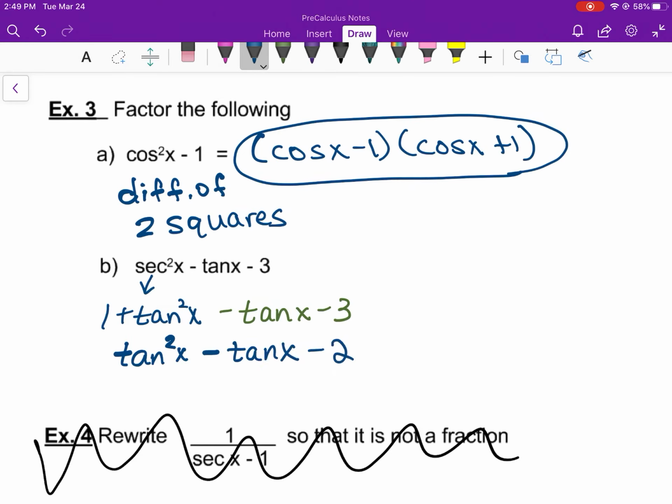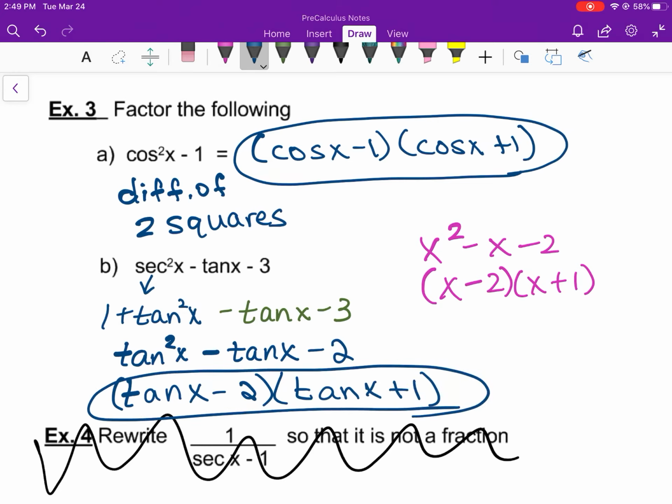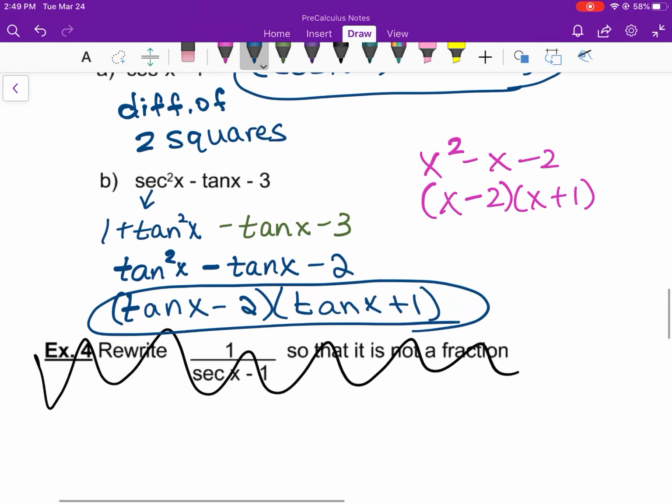And then if I can factor x squared minus x minus 2 into x minus 2, x plus 1, this will factor in a similar way. And we got it. All right.